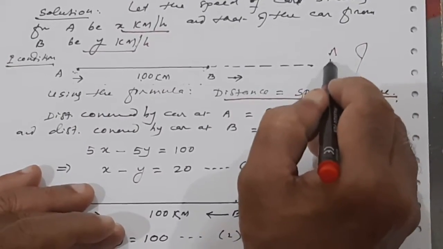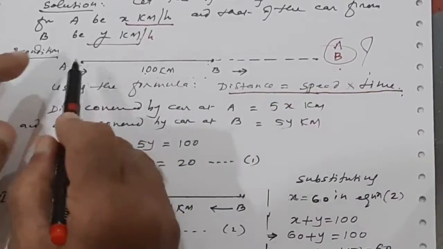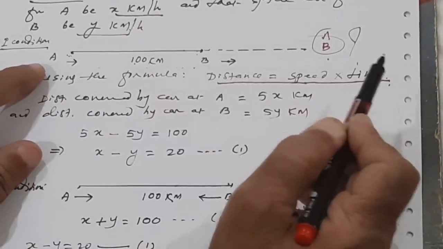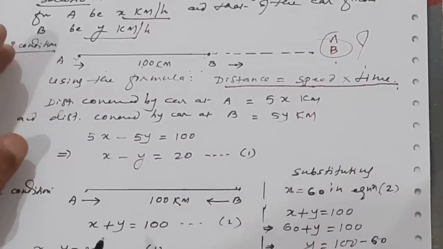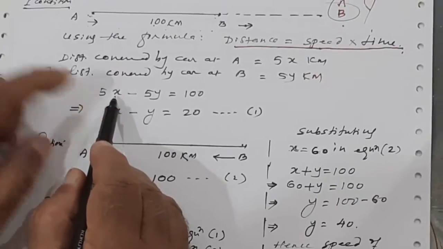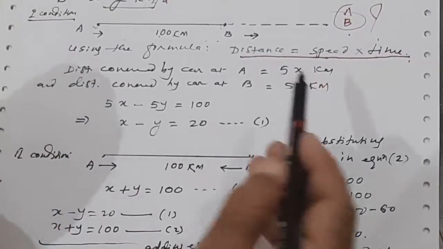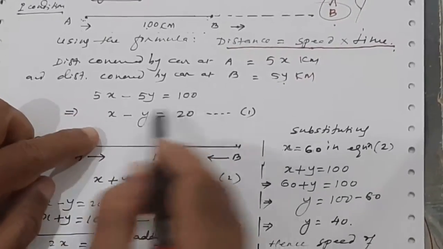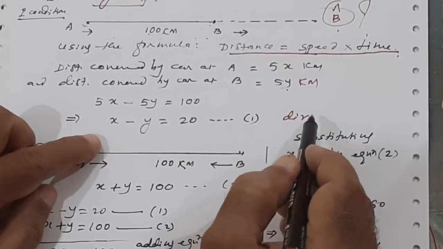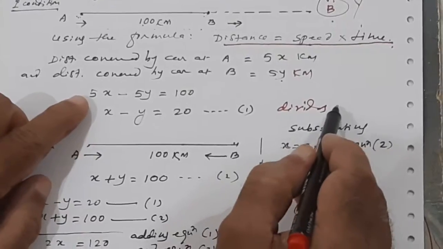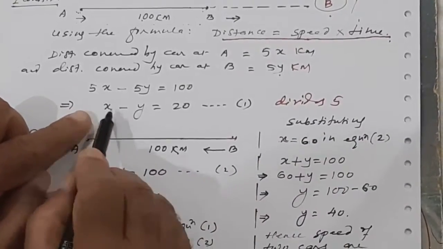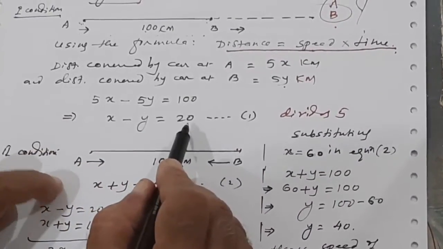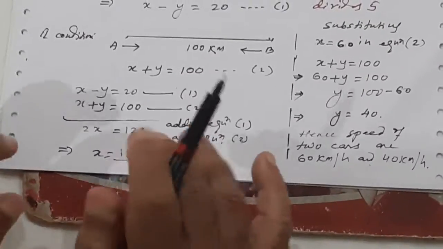So that means 5x must be 100 kilometer more than 5y. So 5x minus 5y is equal to 100. Dividing by 5, 5 is common, we get x minus y is equal to 20. This is equation number 1.